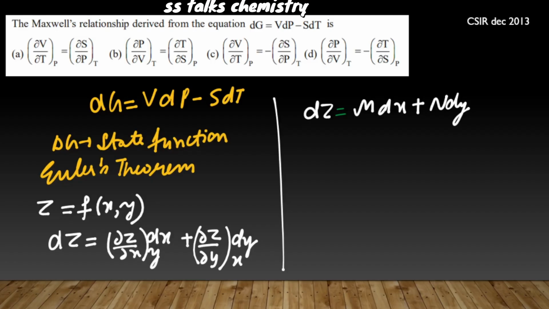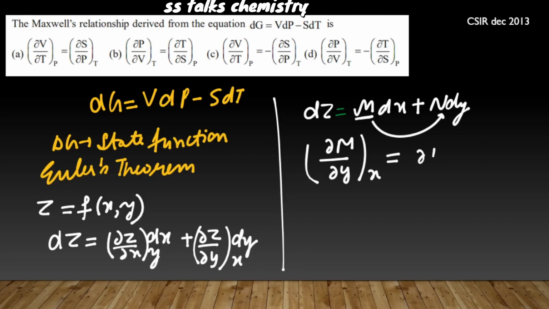If Euler's theorem is being obeyed in this case, you take del M with differentiation with respect to y, keeping x constant. This is equal to del N by del x at constant y. This is what Euler's theorem states to us, and you have to apply the same thing to the given equation, which is of dG.